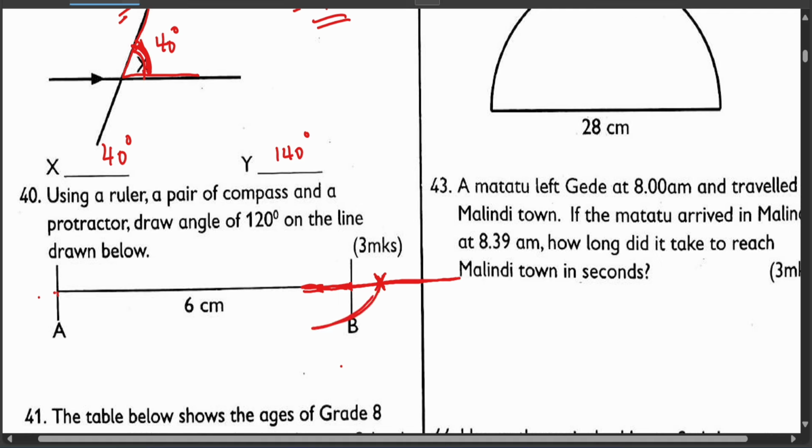This is the arc, and then from this point you draw another arc that cuts this one. After that you draw a straight line. So therefore this one is your 120 degrees. You can opt to draw up, it's up to you.